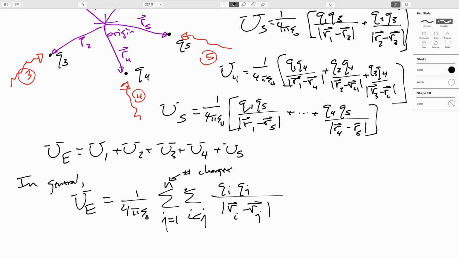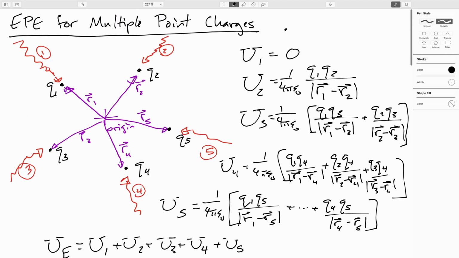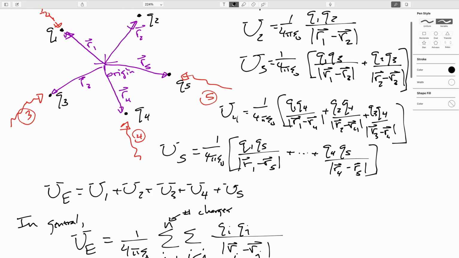First, you make j 1. Then we count all the i's that are less than j. Oh, there aren't any. That corresponds to our U1 equals 0 up here.